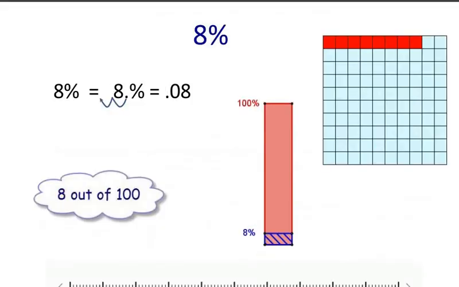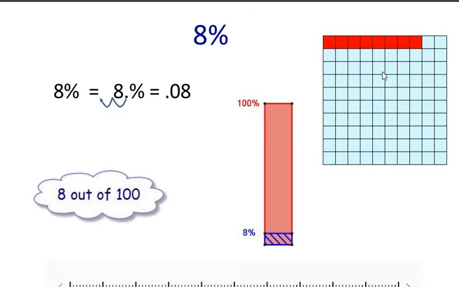Now, let's talk about, for example, 8%. If you look at this model, the 100 square grid, you can notice that we shaded only 8 squares. It means that we are talking about 8 hundredths.